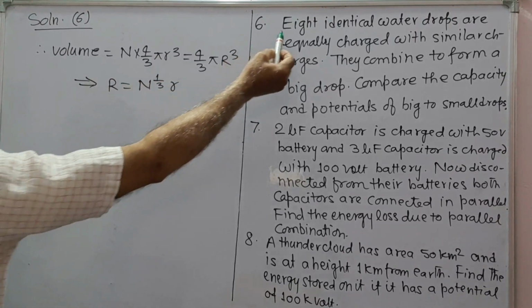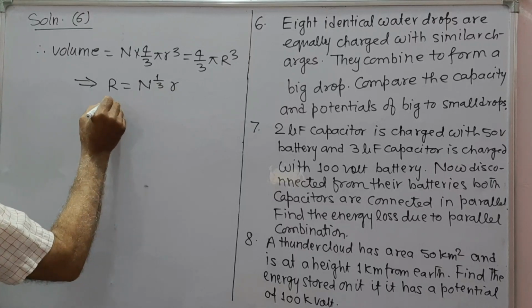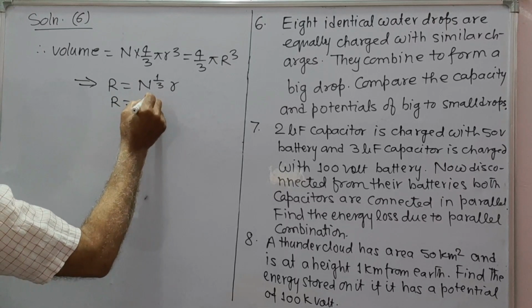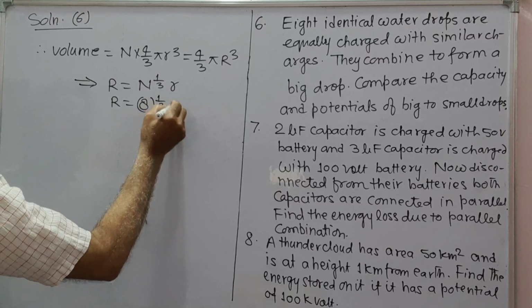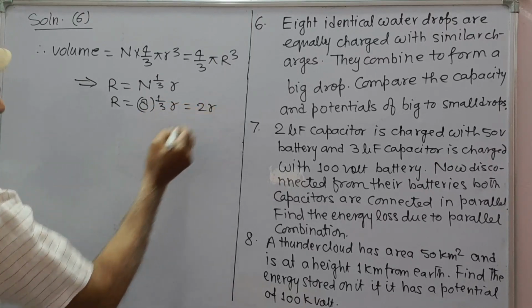In this case, capital N is 8, therefore R will be equal to 8 to the power 1 by 3 into r, which gives 2r.